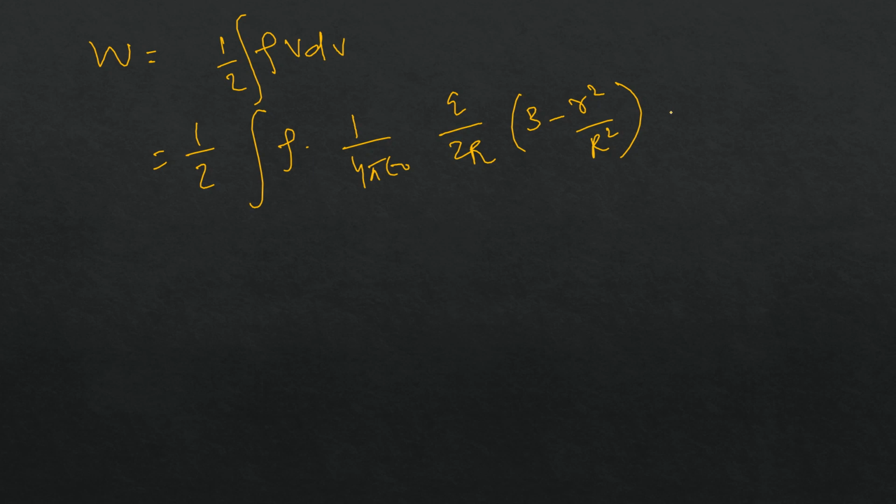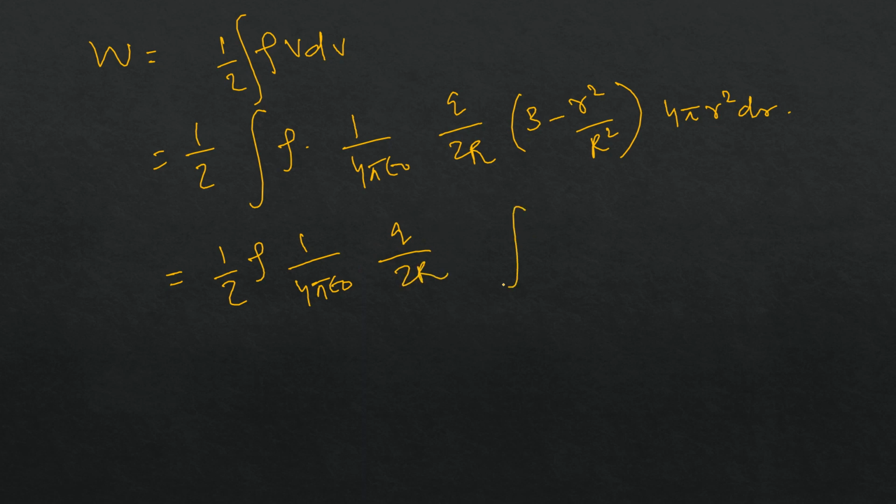And dV, I can write 4 pi r square dr, isn't it? So you take rho out, 1 by 4 pi epsilon out, whatever things that are unnecessary, just out, to integration 0 to r, because all over space, right? All over the sphere, r square dr. 4 pi can be out.